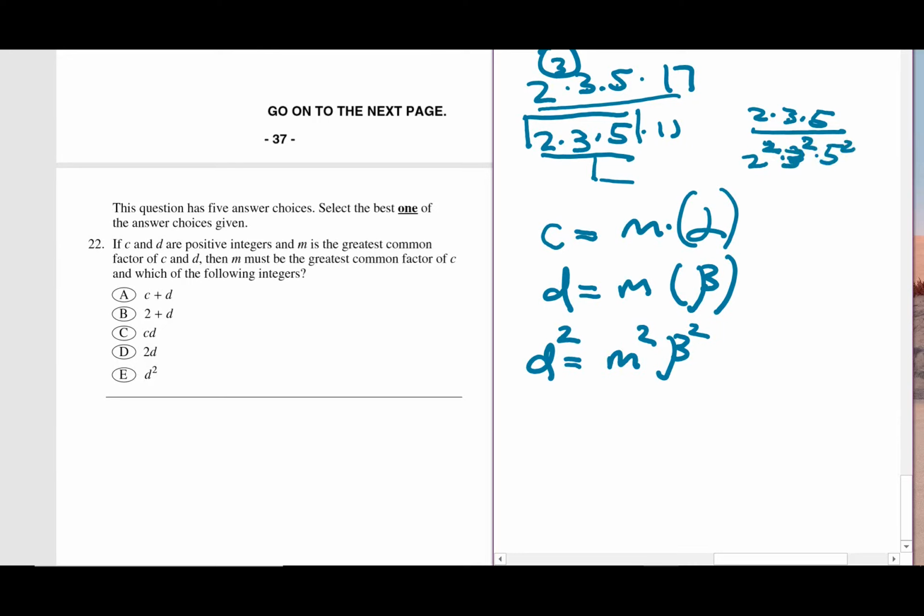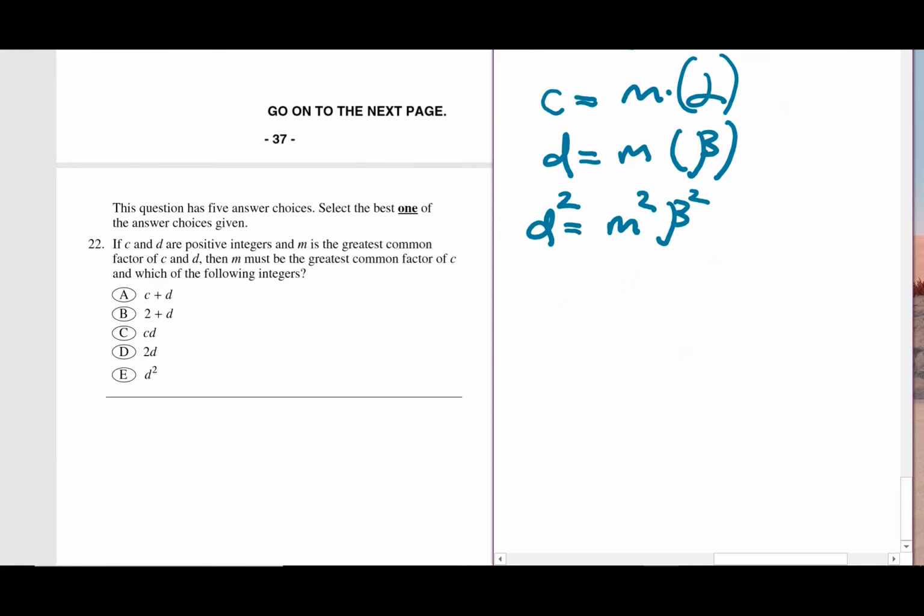All I do is square the same factorizations. Okay, so essentially I have M squared beta squared, so it's not the best example right there. So right here's a good one.